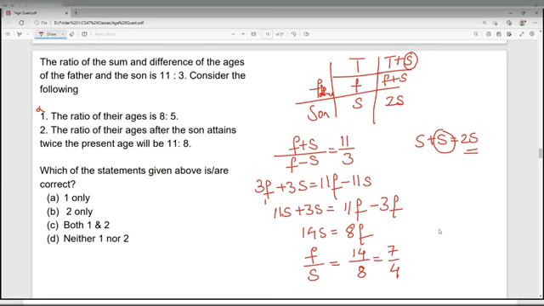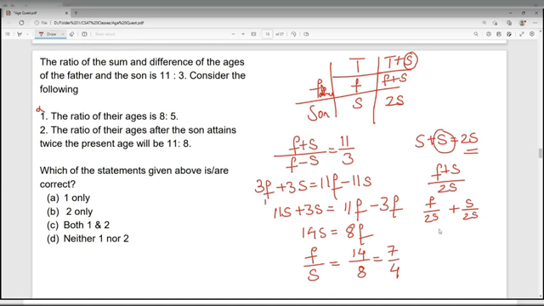And then they say the ratio of their ages after the son attains twice the age will be 11 is to 8. We'll just find out. The ratio is f plus s to 2s. Here you can segregate this as f by 2s plus s by 2s.